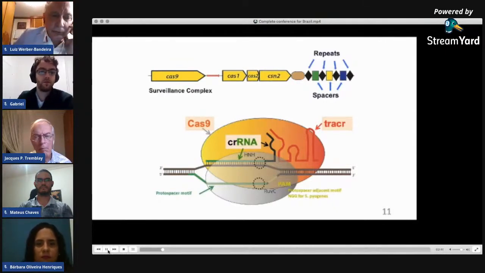And then there is also the tracrRNA, which is a constant RNA sequence that forms a complex with the crRNA. When the three parts are together, the crRNA, tracrRNA, and the Cas9 protein, a cut will be induced at exactly 3 nucleotides from the PAM.